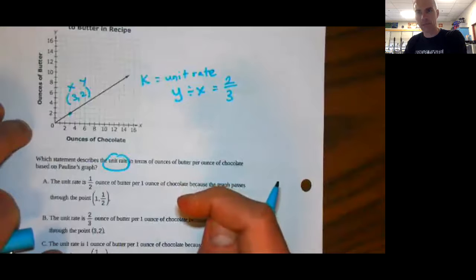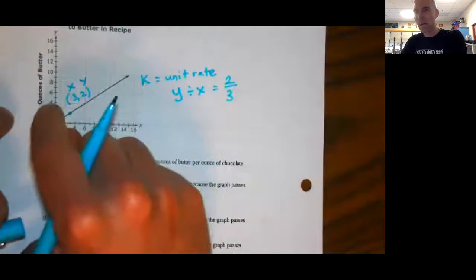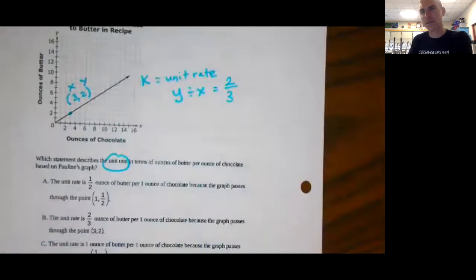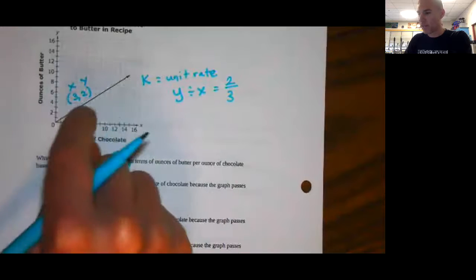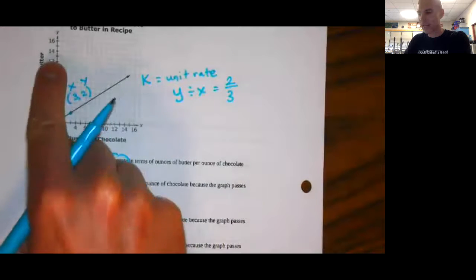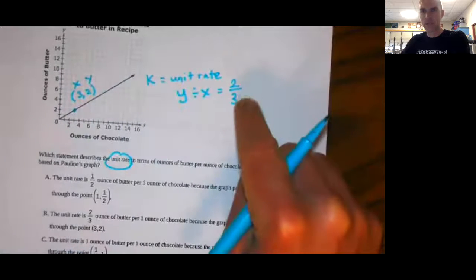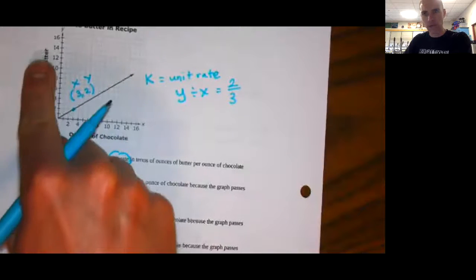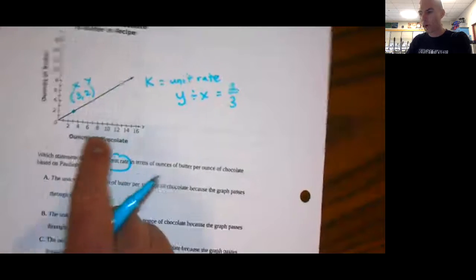No, sorry, I misspoke. That is how much butter you get for every 1 ounce of chocolate. And you know how I knew I was wrong? I noticed that the Y value is less than the X value, and this is less than 1. So it makes sense for this to be how much butter you get for every 1 ounce of chocolate.